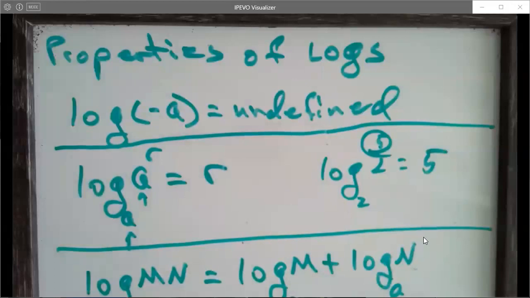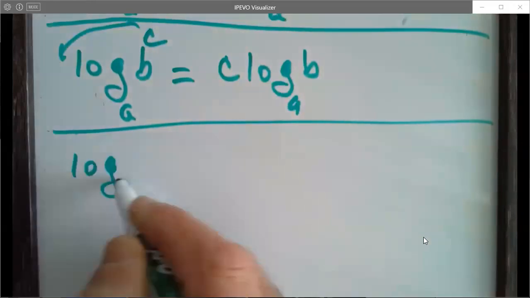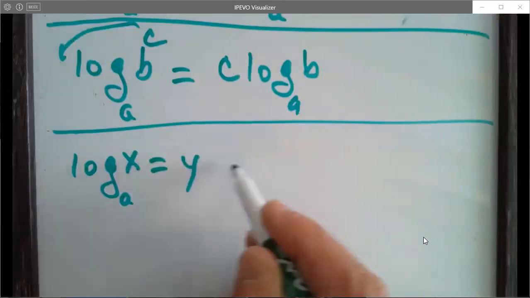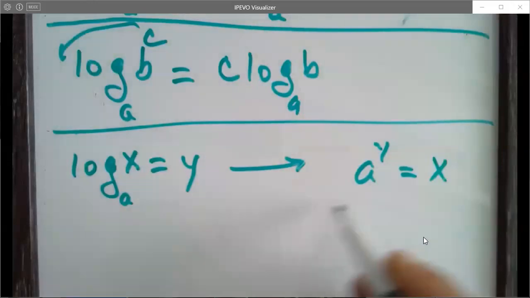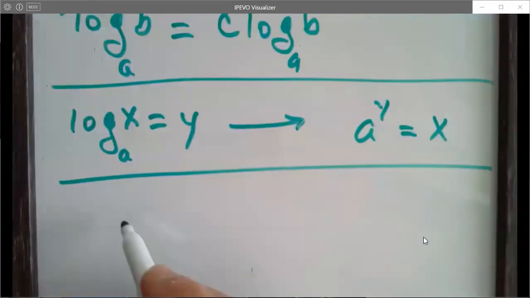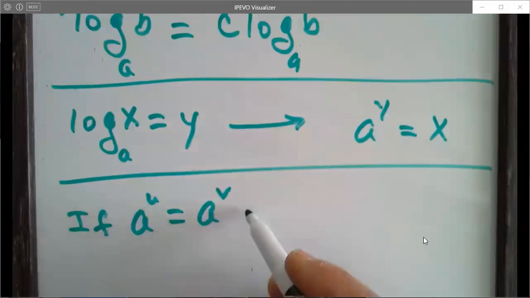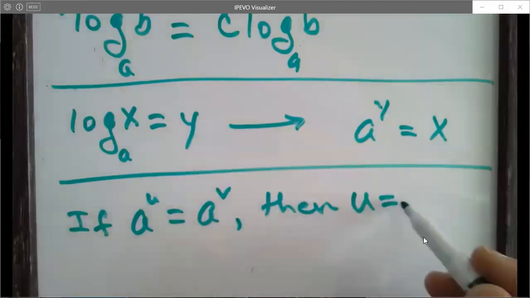I'm also going to put these other properties on here. Converting log x base a equal y, change it to exponential, a to the y equal x. Okay, we talked about that one. And we talked about if a to the u equal a to the v, then u equals v.